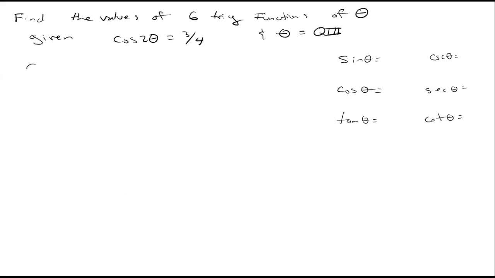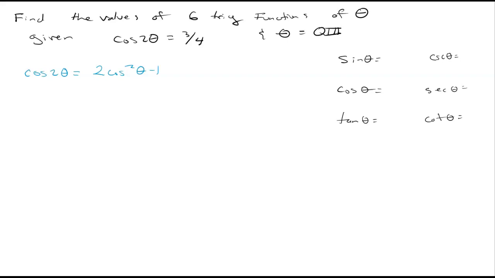I'm going to go with this equation. I'm going to change my color so we can see. I'm going to say the cosine of 2 theta is equal to 2 cosine squared of theta minus 1. So it's an equation with 2 unknown variables, cosine of the double angle and the cosine of the regular angle.